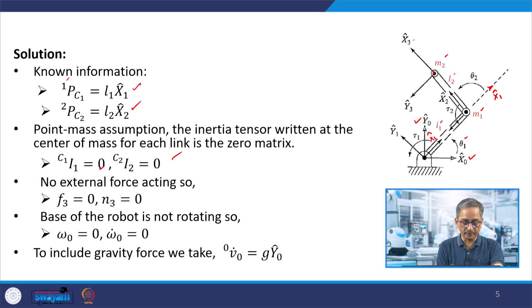Let us also assume there are no external forces or moments acting at the tip, and the base of the robot is not rotating, so omega 0 and omega 0 derivative are 0. To include gravity, as discussed in the previous class, we can take the base to have acceleration g in the positive y0 cap direction.